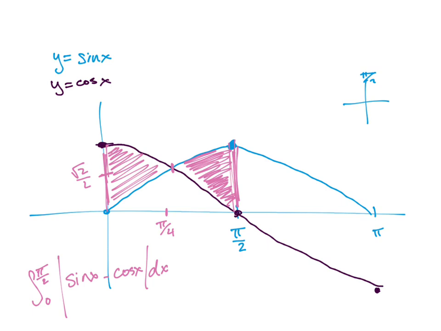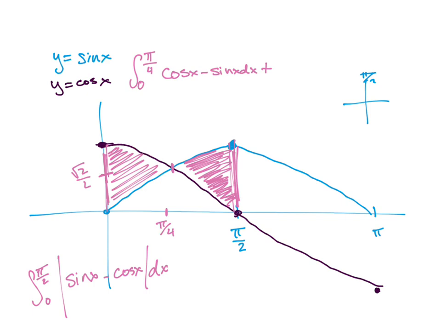Okay. So we can integrate on the interval from 0 to pi over 4. What's going to be on top? In this interval, we're going to have cosine of x minus sine of x dx. And then plus, what else?